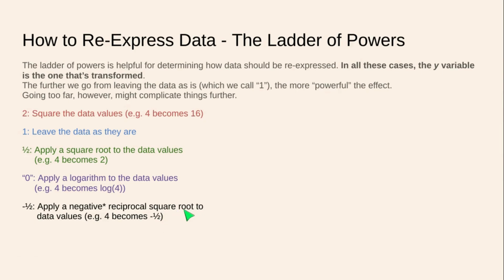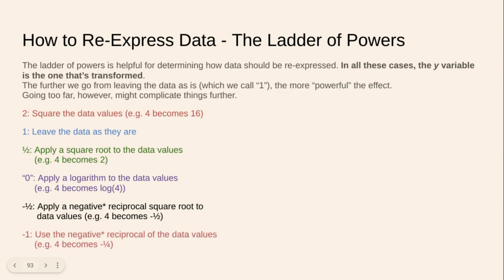I would first find the square root of my data value. So the square root of 4 is 2. Then I would find the reciprocal of that square root. So that's 1 over 2. And then I make it negative. We'll talk about why we make it negative in just a moment. So negative 1 over the square root of 4 would be my transformation if my initial y value were 4.